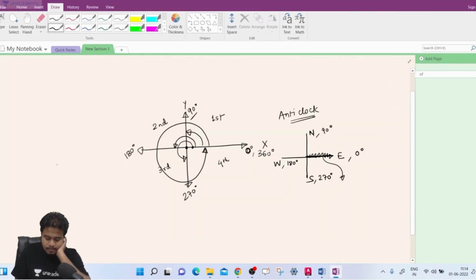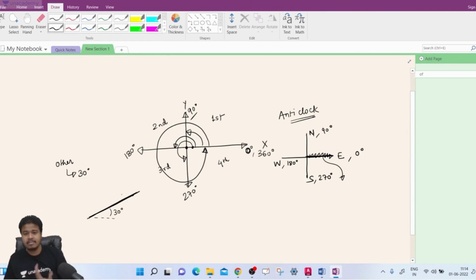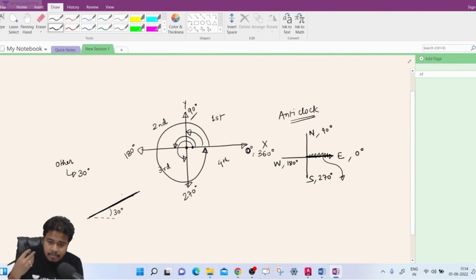Suppose I have gone to other and I have set the angle as 30 degree. So the AutoCAD will take this line as my measuring angle. Means the AutoCAD will measure all the angles from this line, from this baseline.